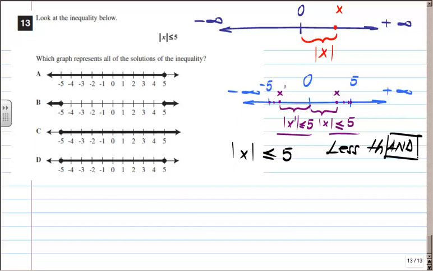Then, less than will give you the connection between the two inequalities that you're going to write out of this one. And these two inequalities are x, so you just remove these two brackets, right? They should go away. We don't need them anymore. And you have the first inequality, x, and you write everything the same way it is, less than or equal to 5. That's your first inequality.